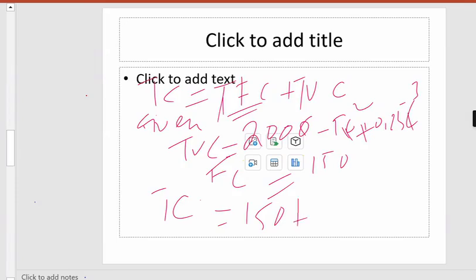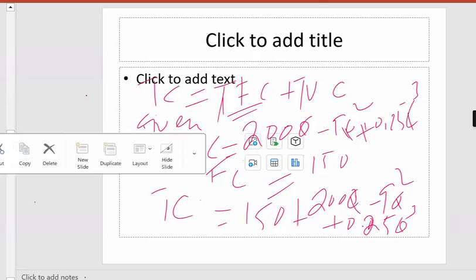The total variable cost is 200Q minus 9Q square plus 0.25Q cubic. So this is the total cost function, right? Are we together? Yes.